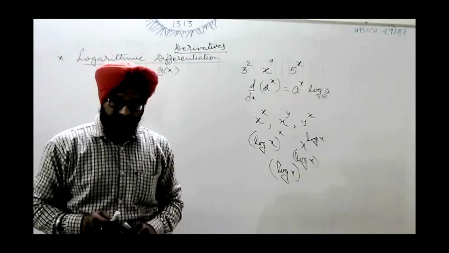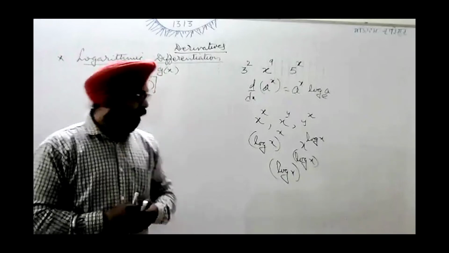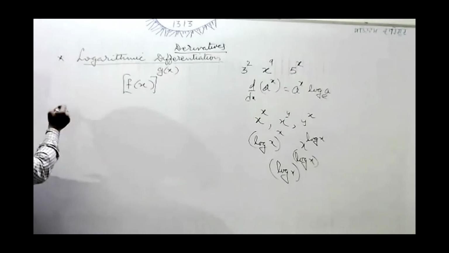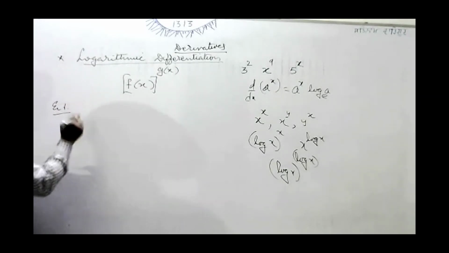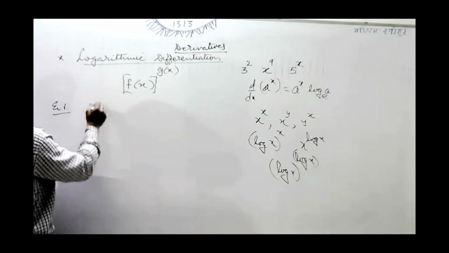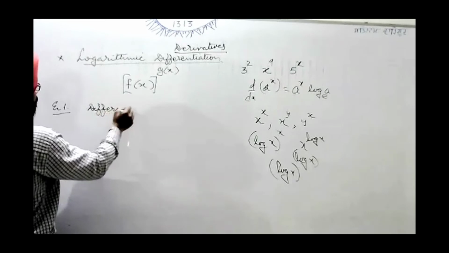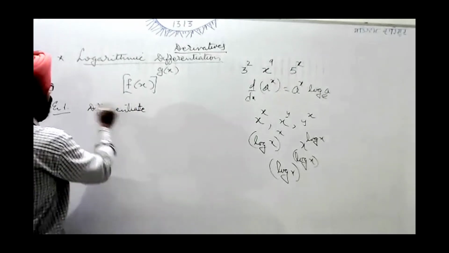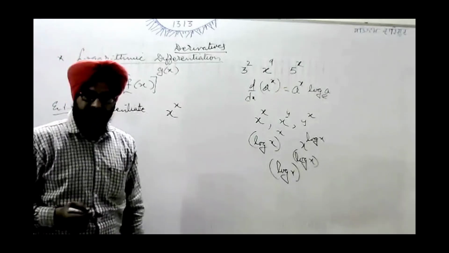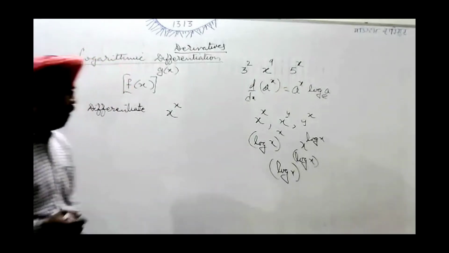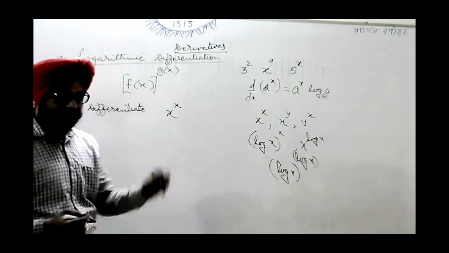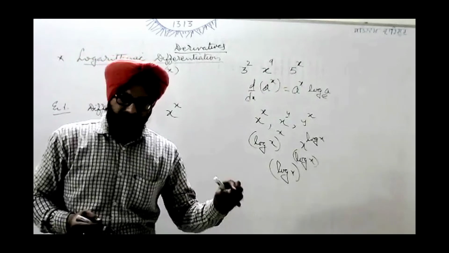Let me explain. Suppose I write here one equation. Differentiate, a simple example: differentiate x to the power x. In the first step, I have to consider this as y.